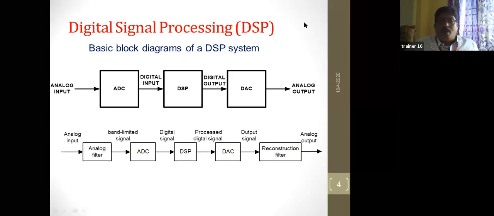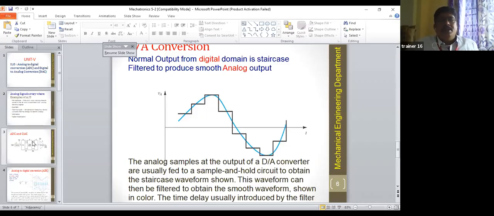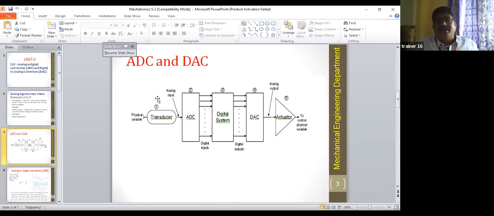What we discussed in the previous class: see here, it is like this. In the ADC and DAC, here it is a digital system. Up to this point, we can get the digital signal, that is, the physical variable in numerical form.